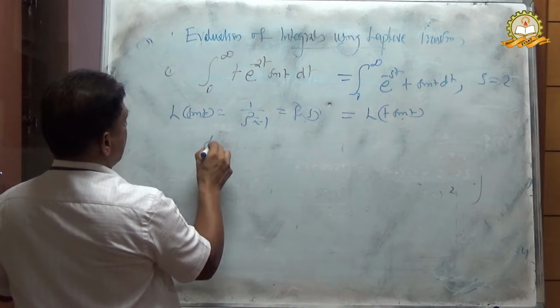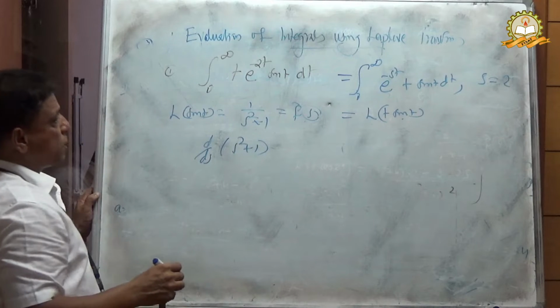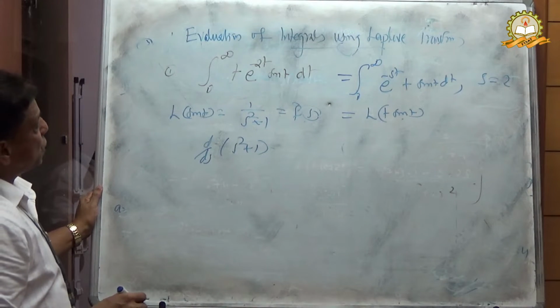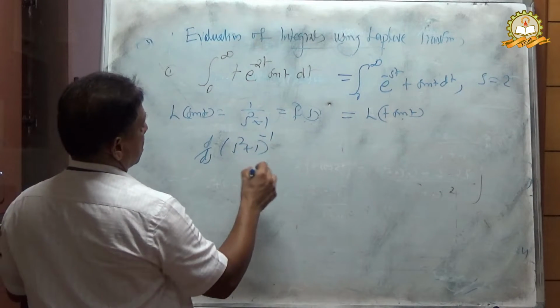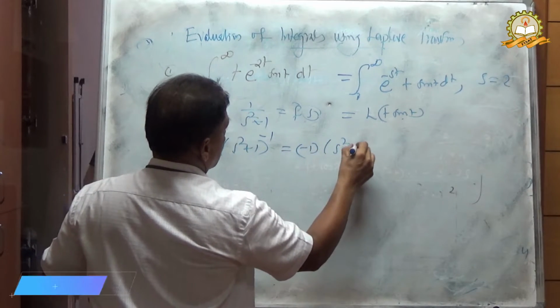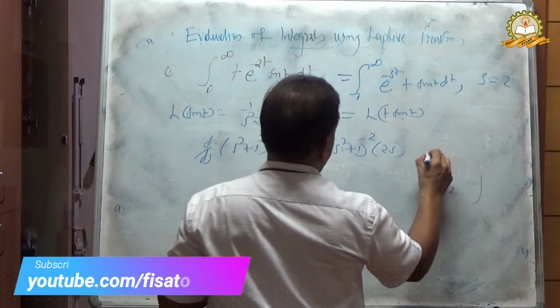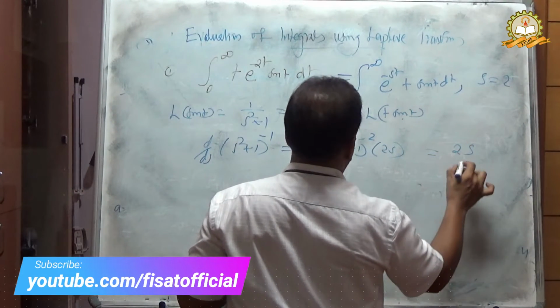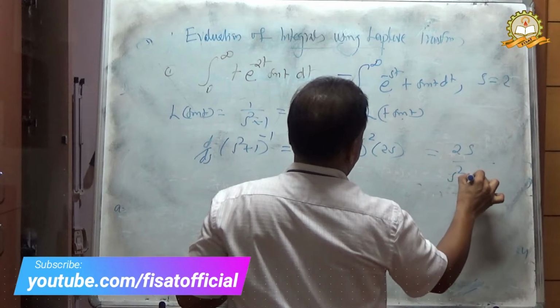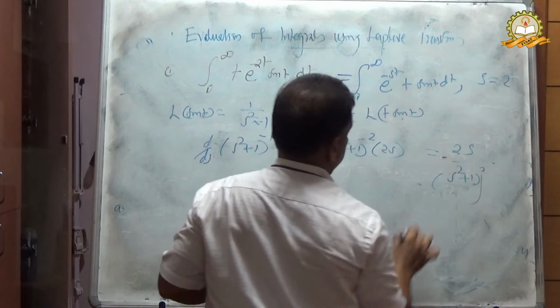Differentiating d by ds of (s square plus 1) whole raised to minus 1, that is minus 1 into (s square plus 1) whole raised to minus 2 into 2s, that is 2s divided by (s square plus 1) the whole square.